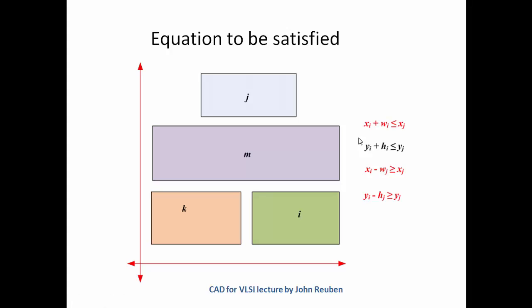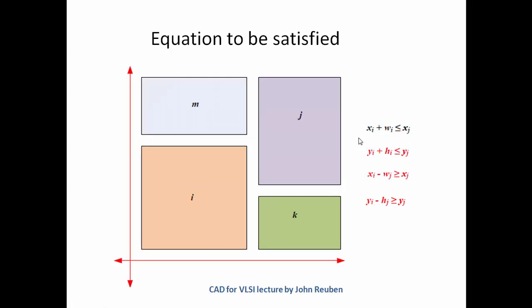So what we can conclude from these two diagrams is that if two modules are placed so that they don't overlap, it is enough if one of these four equations is satisfied. If one of these four equations is true, then we can be sure that the two modules don't overlap either along the x-axis or along the y-axis.